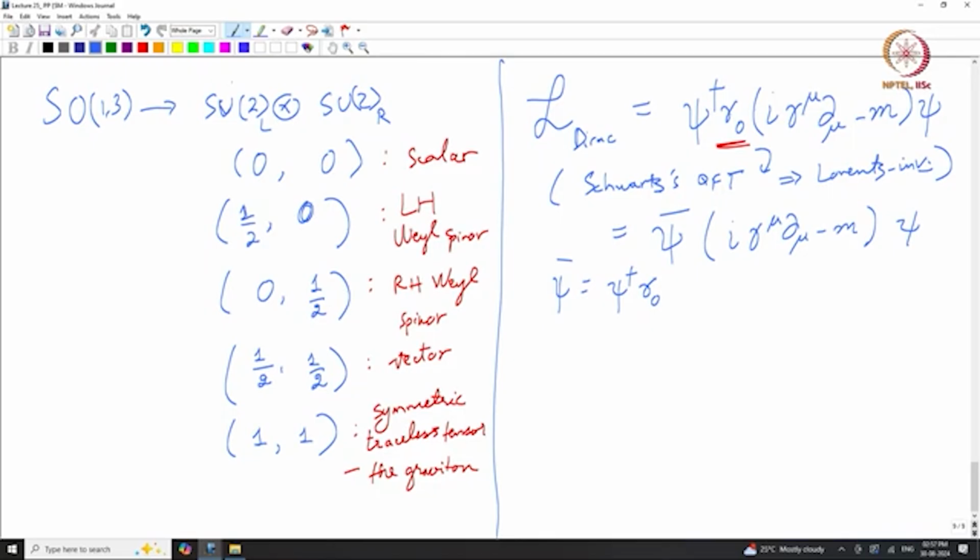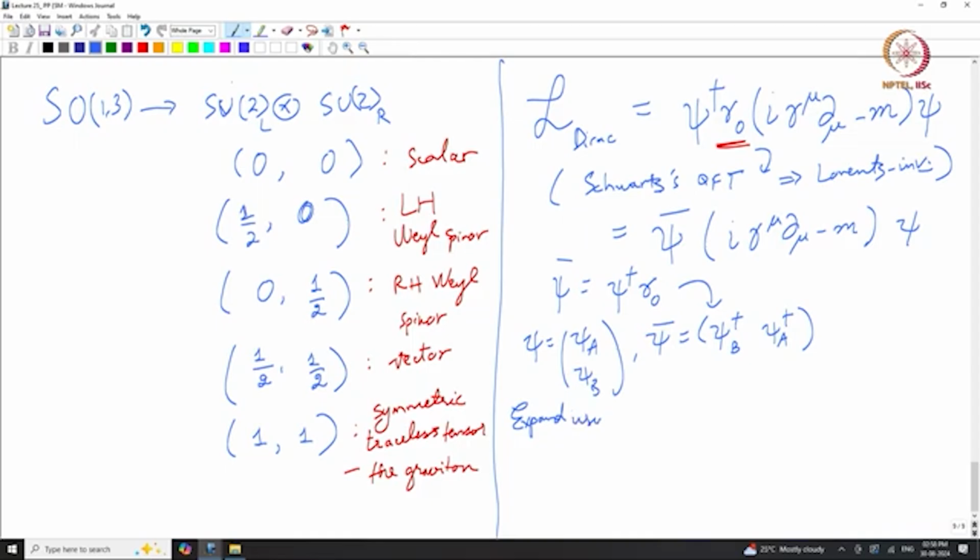Okay. So what does this mean? If psi is written as psi a, psi b, then psi bar is what? Because gamma naught contains identities in the off diagonal places, this just becomes that. Agreed? Okay, good. So now we are going to expand this into two spinors, because that's when we'll really see what the physics is.